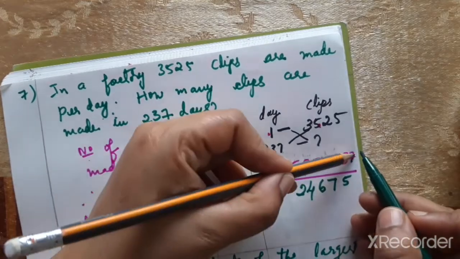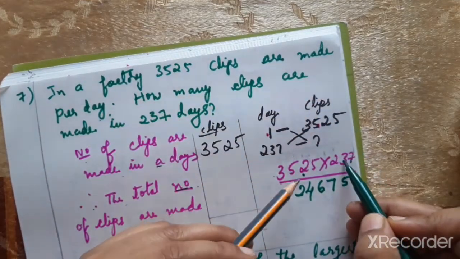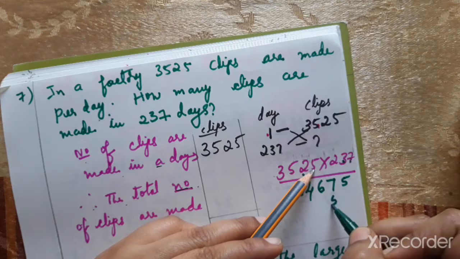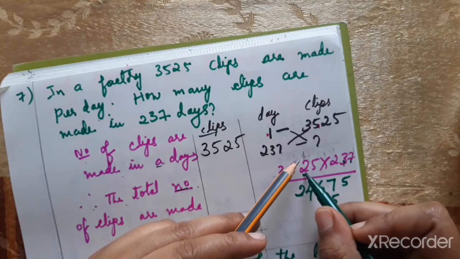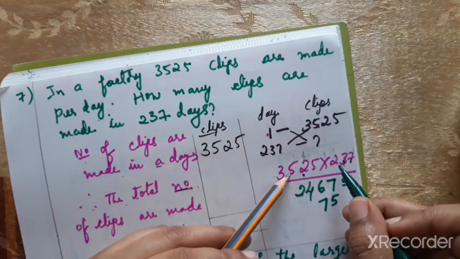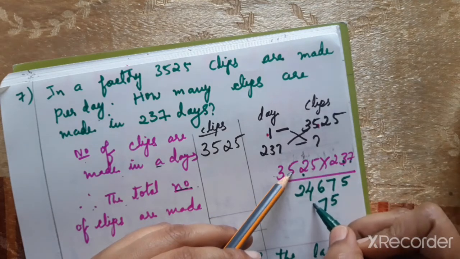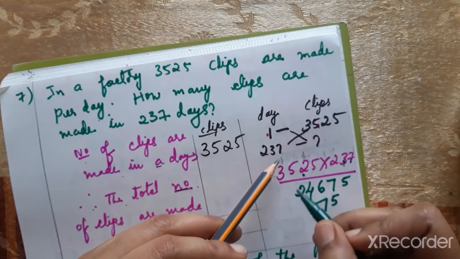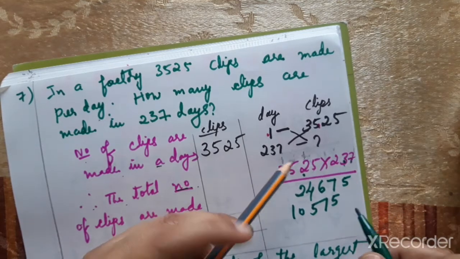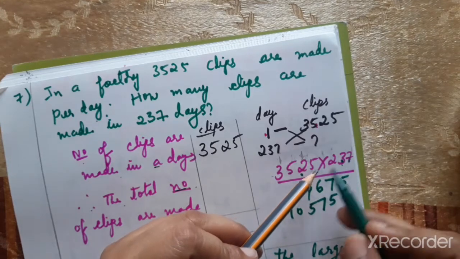Now with 7 multiplied, now with 3 we have to multiply. 3 5s are 15. 15 means 5, 1 carry out to the next place. 3 2s are 6. 6 plus 1, 7. 3 5s are 15. 15 means 5 we have to write. 1 carry out to the next place. 3 3s are 9 plus 1 is 10. Then first line over, second line over.